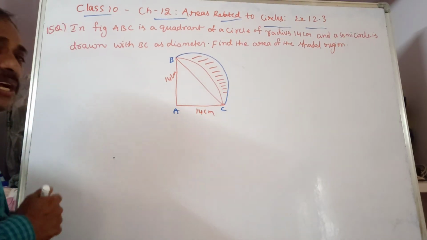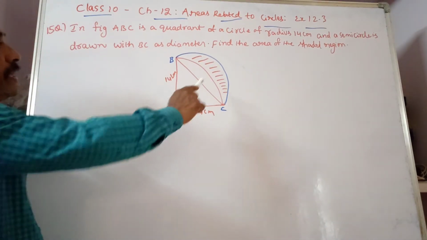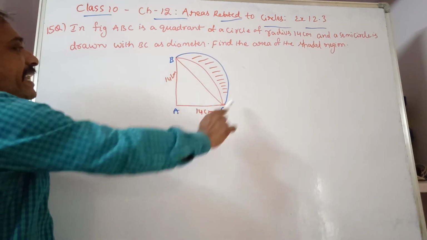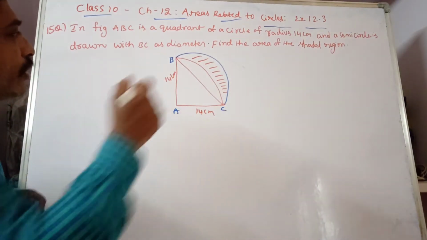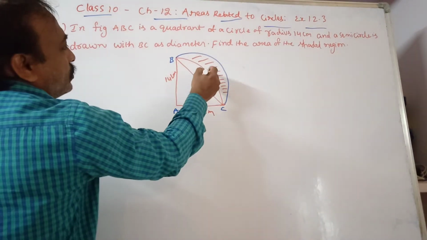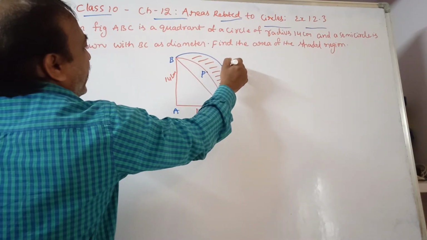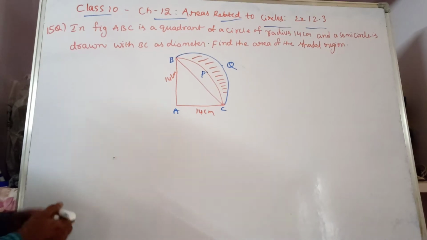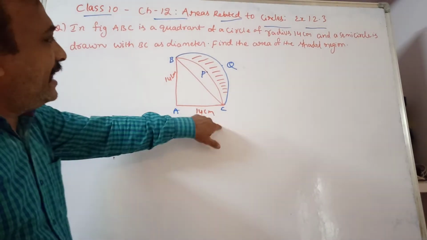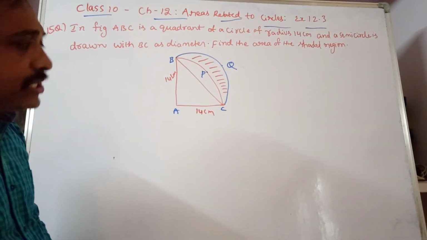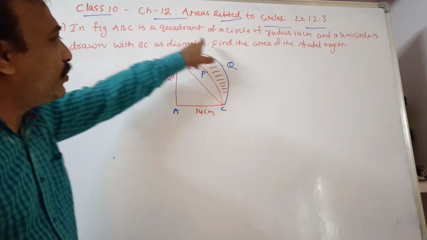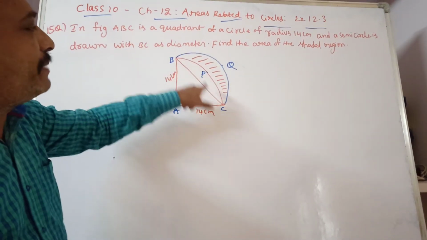So for that, what do we have to find out? First, see here this portion, BC. I locate two different points over here: here is P and here I am locating Q. Observe it carefully. ACPB is a quadrant and CQB is a semicircle with diameter BC.